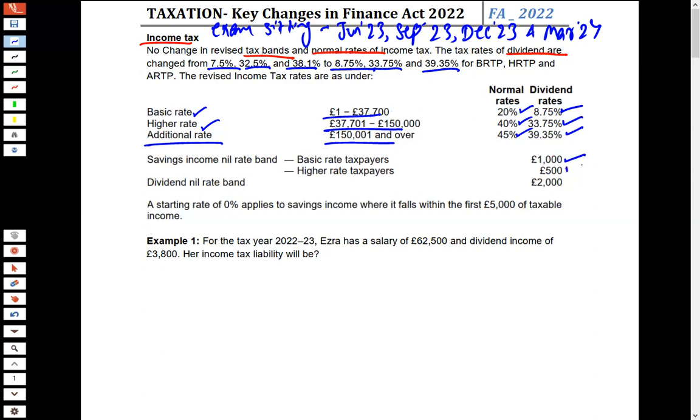For high rate it remains 500. And for additional, there was none earlier and this time as well. Whereas for dividend, the dividend nil rate band remains 2,000, and the 0% band for savings income is still 5,000 if it falls under the 0 to 5,000 band.